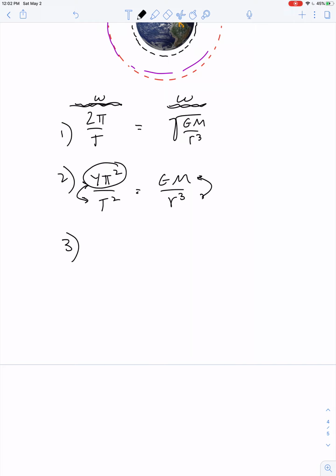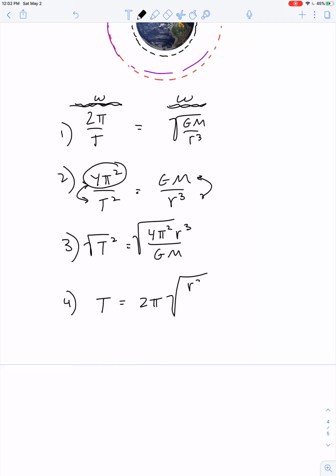So let's do 2 steps in one. Period squared would be equal to 4 pi squared r cubed divided by GM. So let's take the square root of both sides as a final result, and we can state that the period is equal to 2 pi times the square root of r cubed over GM.